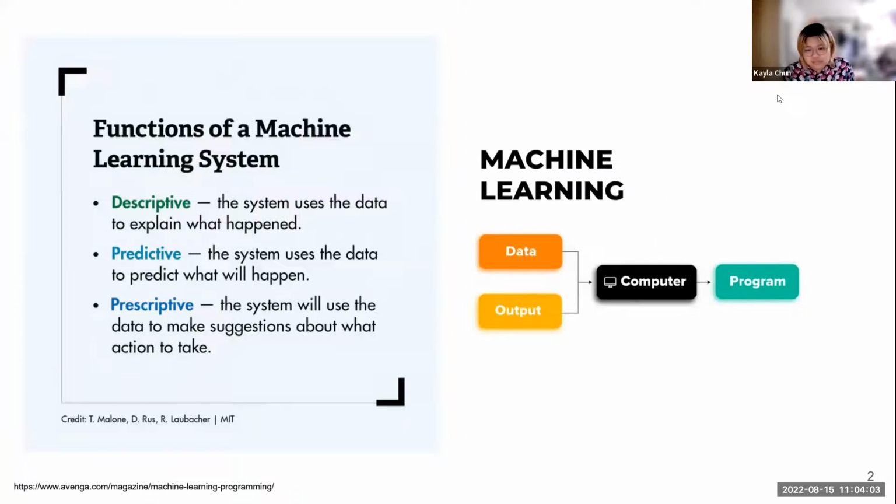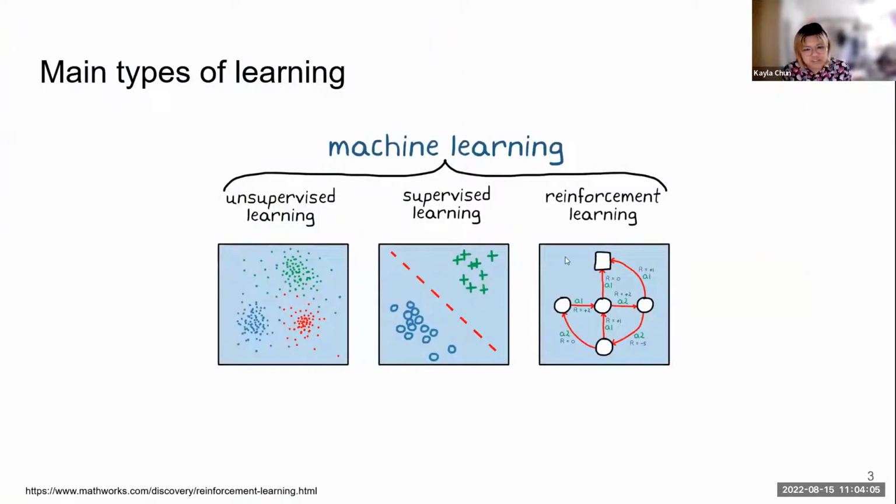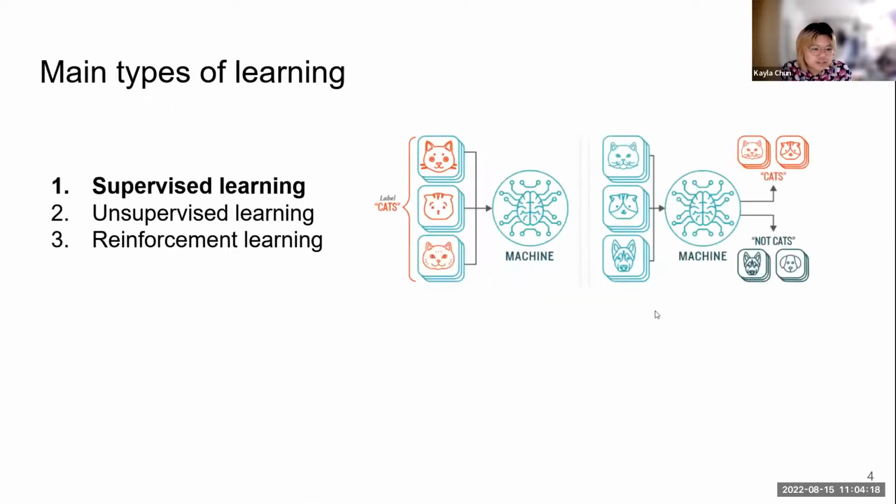So going over the main types of machine learning that we use to do these tasks, I'll be talking about unsupervised, supervised, and reinforcement learning.